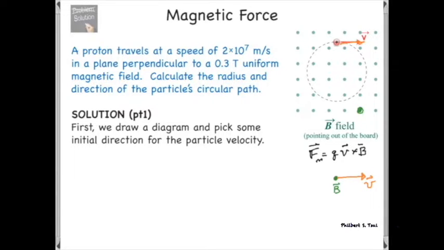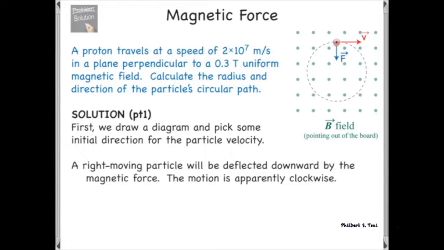And when we do that, our thumb ends up pointing downward so that we get a force vector that points downward. So this right-moving particle is going to be deflected downward, so that the motion is apparently in a clockwise circle.